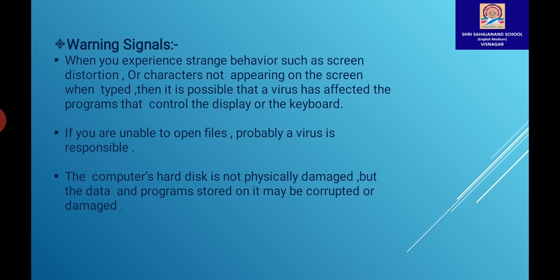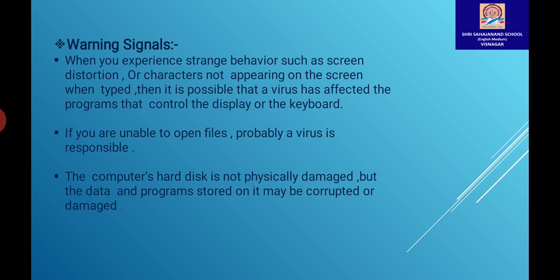Warning signals. How can we identify that a particular computer is virus infected? Here are given some things. On the basis of these signals we can identify that a virus has entered your computer.